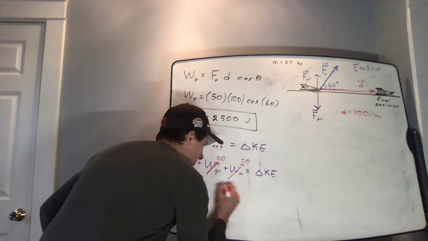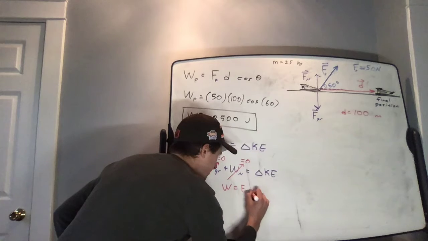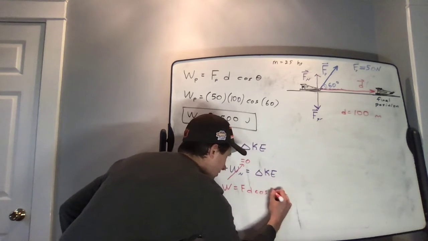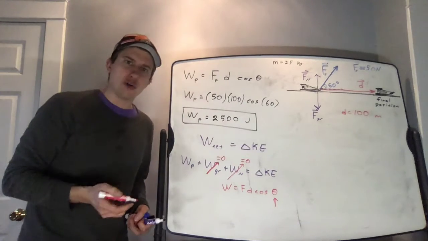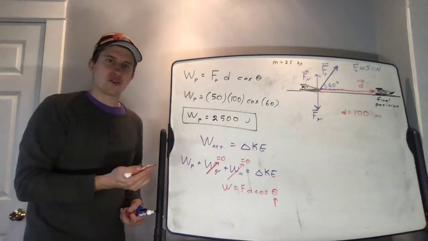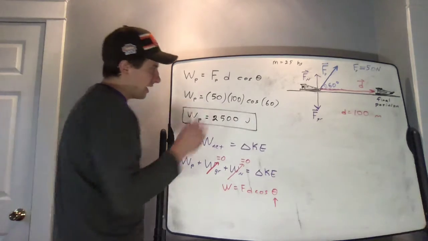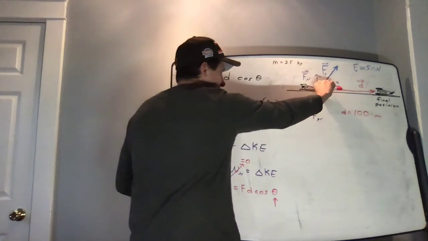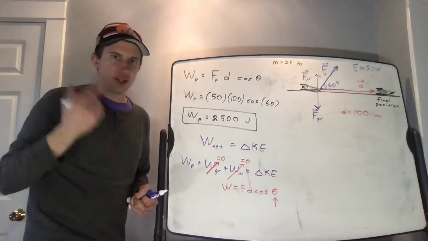Well, in general, I could say the work done is equal to F D cosine theta. And theta right here specifically is the angle between the direction of the force and the direction of the displacement vector. The angle between the force of gravity and the displacement is 90 degrees, and the cosine of 90 is 0.